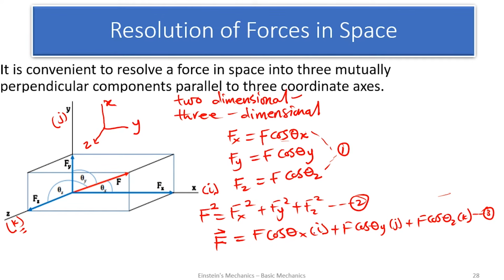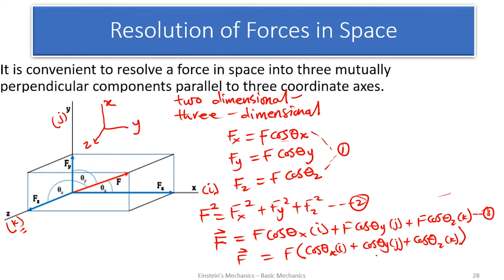Since we have a common F here, we can make the vector force as F into bracket cos theta x i. The i and j just show you the axis from which the angle is taken. So the i is telling you that this theta is taken from the x axis, plus cos theta y j taken from the y, plus cos theta z k taken from the z. So we have it this way.